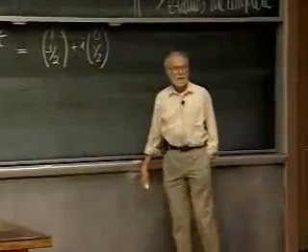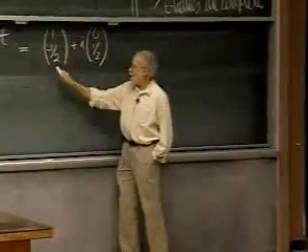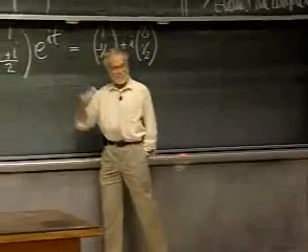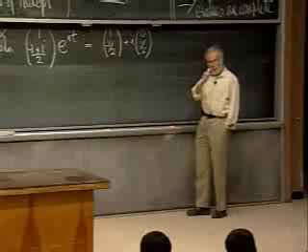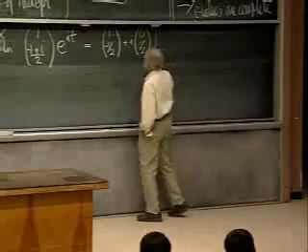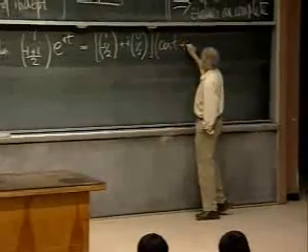Anybody want to fight? 1 plus i times 0 minus 1/2 plus 1/2 times i. Okay, so how did I do that? When you do these problems, you do it the same way. But don't ask me to explain what I just did. So here it's cosine t plus i sine t.